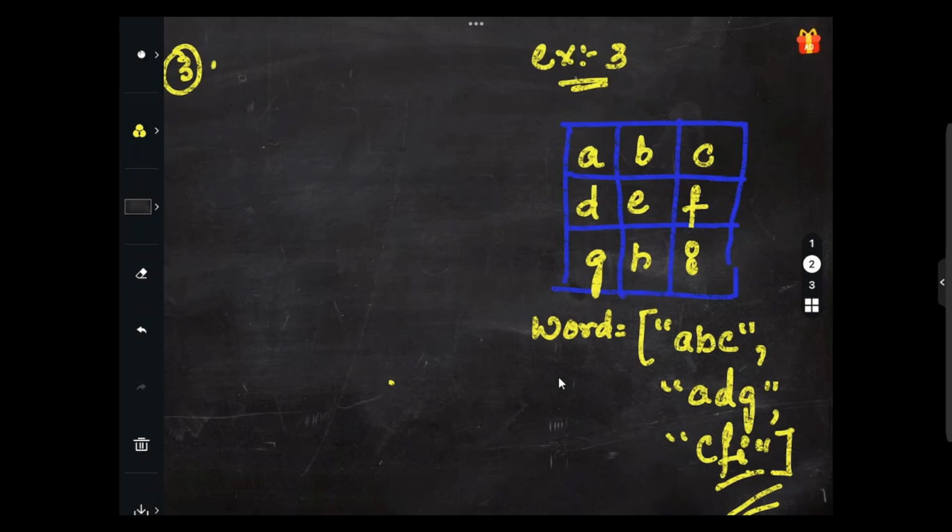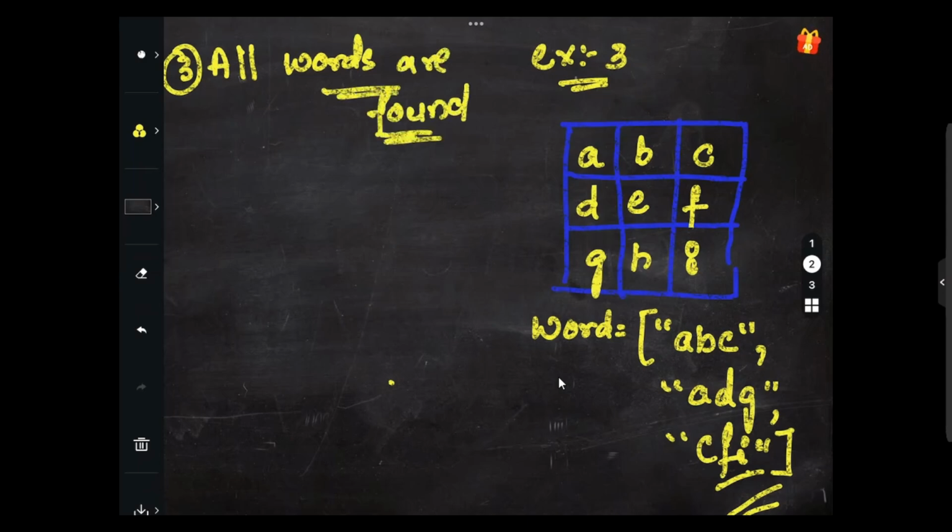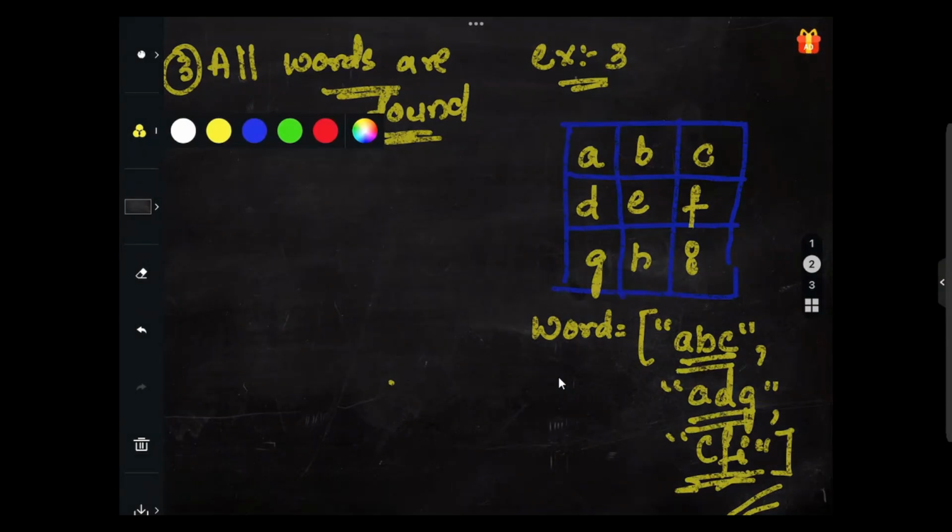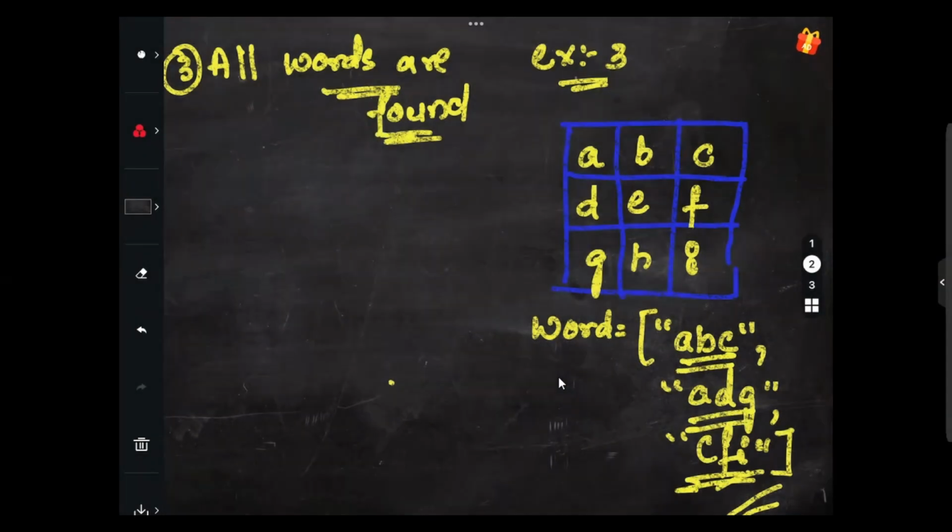Nothing but here all words are found. We are considering the condition where all words are found. So we have to fetch ABC, ADG, and CFI. We are performing DFS, right?